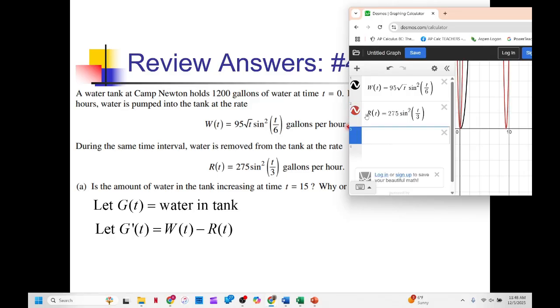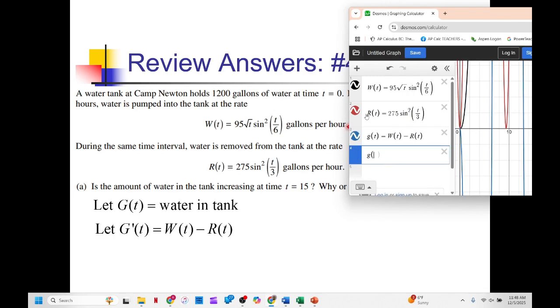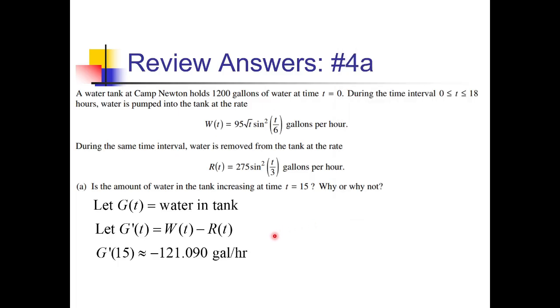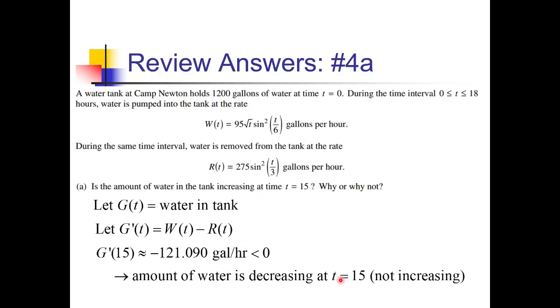And then my G prime I'm actually going to enter as just lowercase g of t. That's going to be W of t minus R of t. And if I plug 15 into that, I get about negative 121.090, and that's gallons per hour. Since that's negative, that tells us the amount of water is decreasing at 15, not increasing.